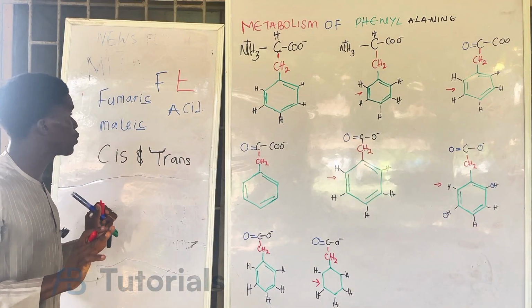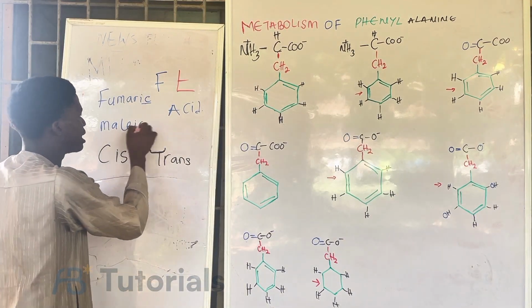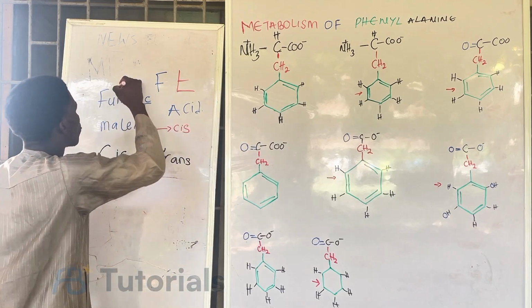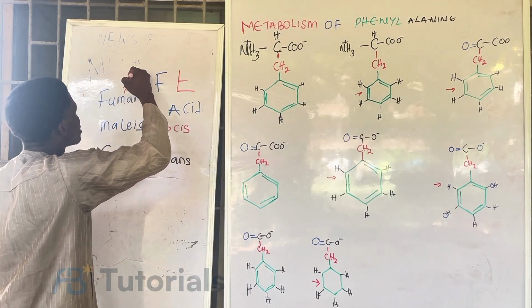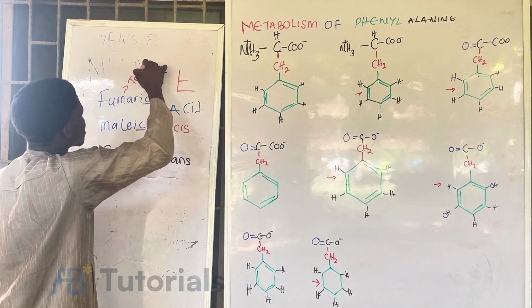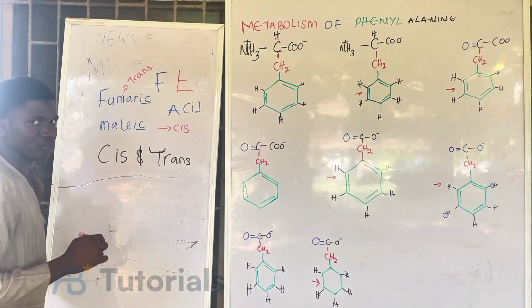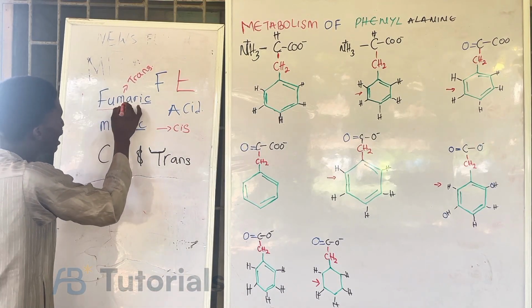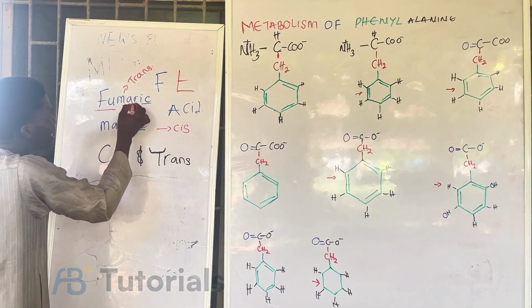As simple as that. Automatically, the malic will be the cis isomer. Even from the name, fumaric is the trans isomer.